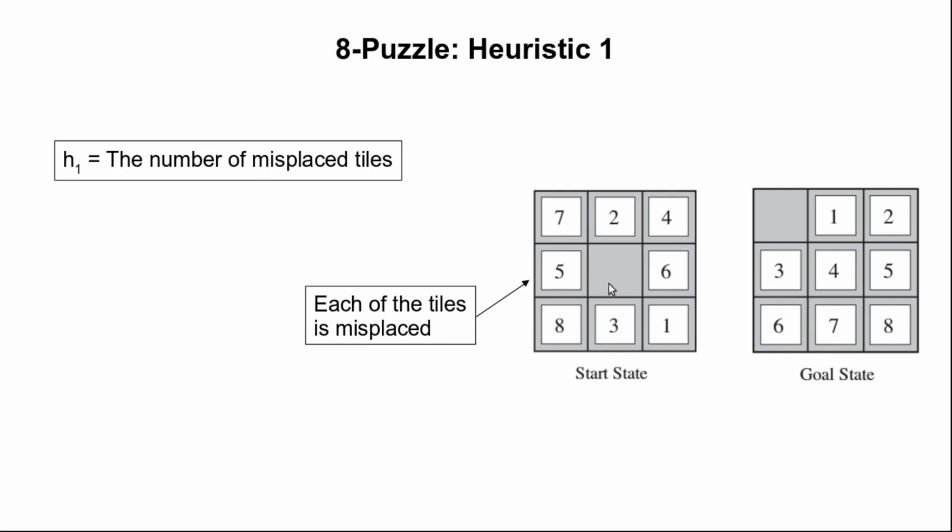Similarly, the other tiles are also not at the correct position. Hence all the 8 tiles are misplaced, and hence h1 for the given start state is equal to 8. So 8 because all the 8 tiles are misplaced.